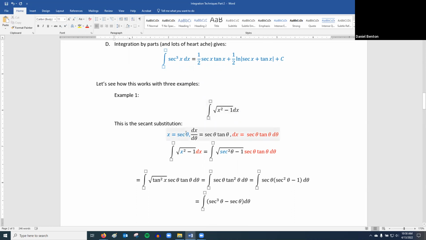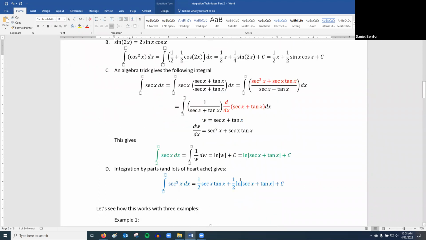We just do secant theta equals x, and we do our dx d theta, right? And then we can substitute in for secant, substitute in for dx. Then we use that trig identity, secant squared minus 1 equals tangent squared, and all of a sudden our square root goes away because the square root of tangent squared equals tangent, right?